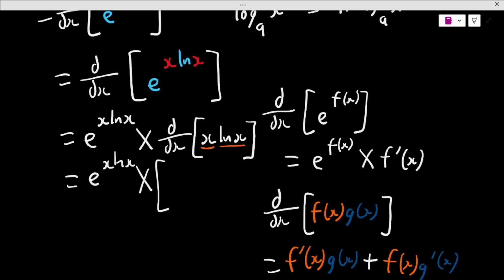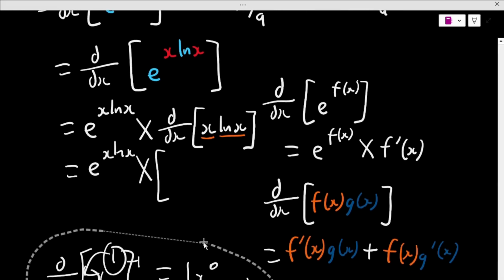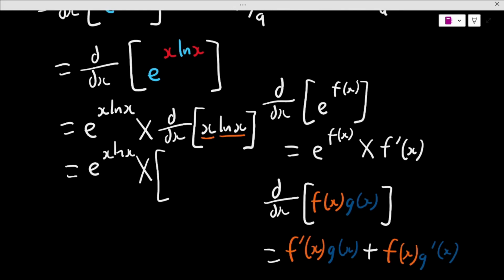The derivative of x is going to be 1 because we can see x as x to the 1. When we differentiate, we bring the power down, minus 1, so it's 1 times x to the 0. Anything to the power 0 except for 0 to the power 0 is 1. So this is just going to be 1.